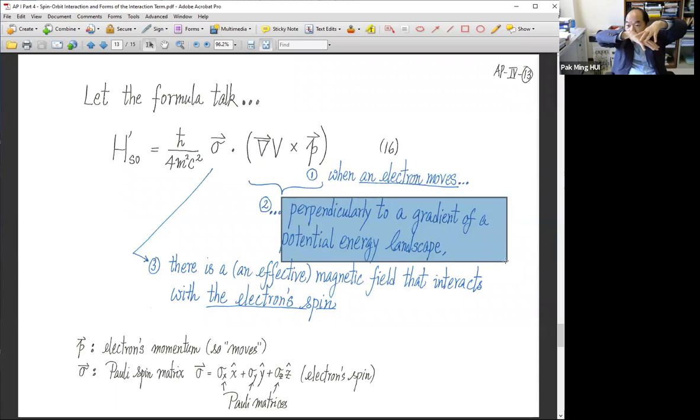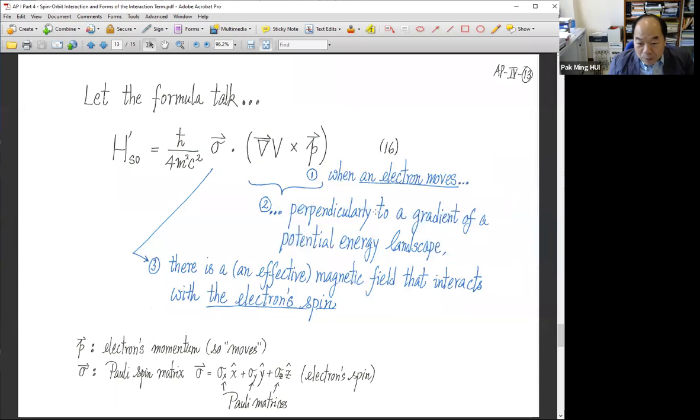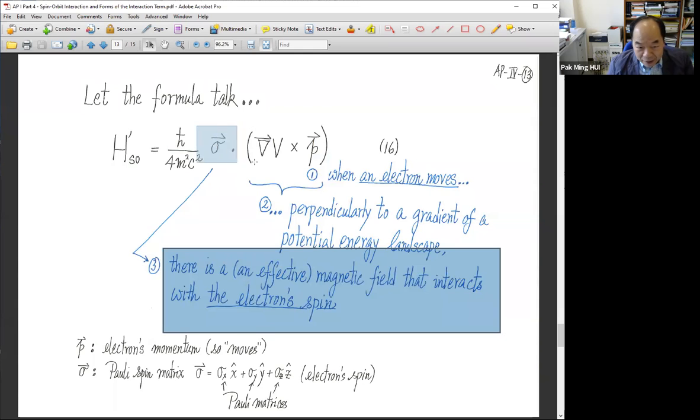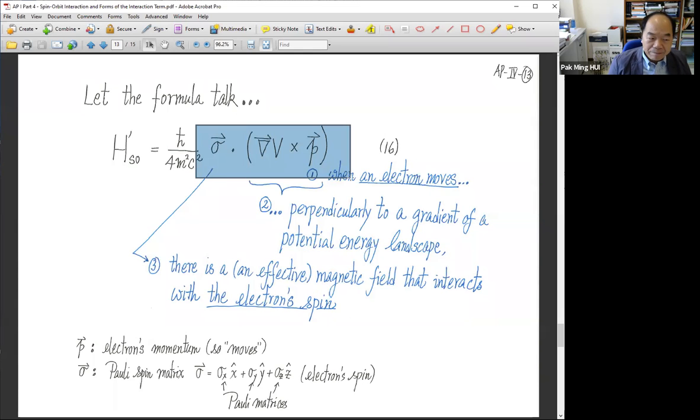The change will give you something like a roll, a platform that is curving, changing all the time. That is a landscape of V, okay? So when an electron moves perpendicular to a gradient of potential energy landscape, then there will be an effective magnetic field given by this cross product. There's an effective magnetic field that will act on the electron's spin. Okay? Now that is the conclusion.